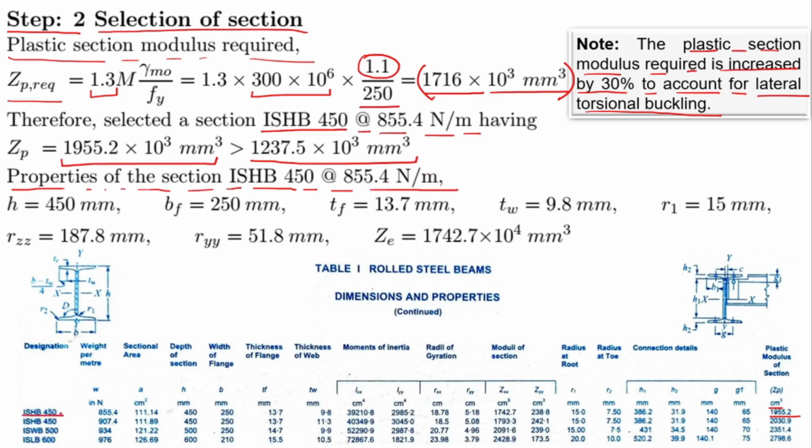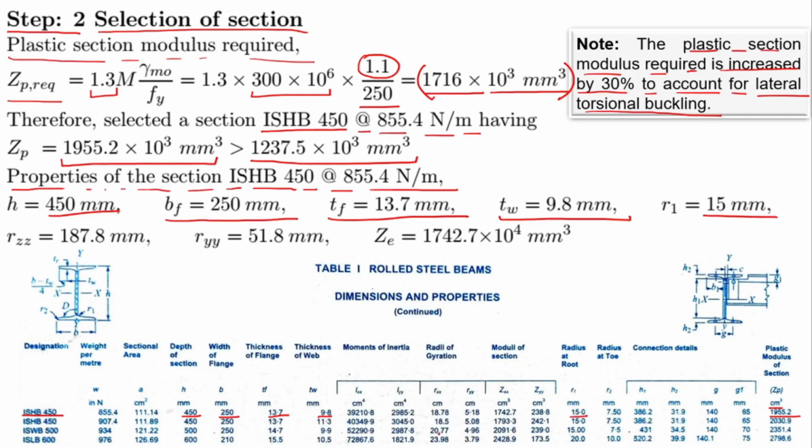For this section, the total depth of the section, which is denoted by H, is 450 mm. Then the width or breadth of the flange, which is denoted by BF, is 250 mm. Then the thickness of the flange TF is 13.7 mm. Then the thickness of the web TW is 9.8 mm. Then R1 is equal to 15 mm.